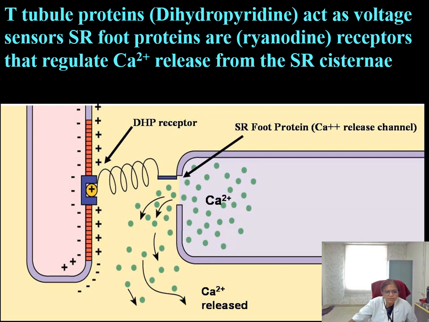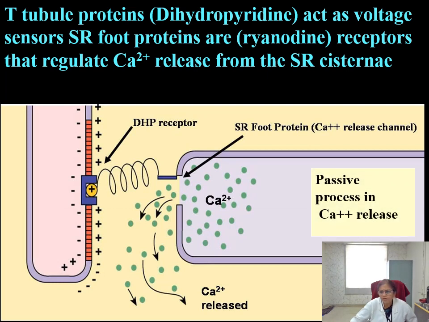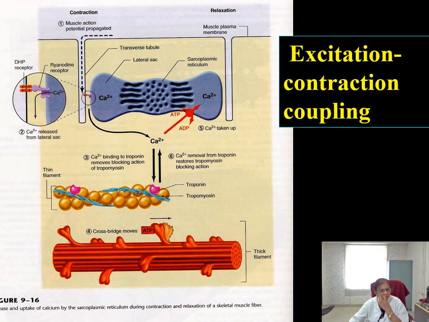Because of this excitation process, the purpose served is the release of calcium into the cytoplasm of this muscle fiber. Now this calcium will go and attach to the troponin molecule here. So when the action potential comes along, this DHP receptor opens by stimulating the ryanodine receptor, allowing entry of calcium into the cytoplasm.